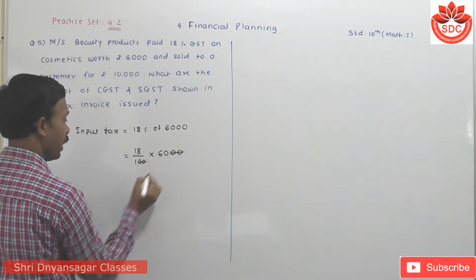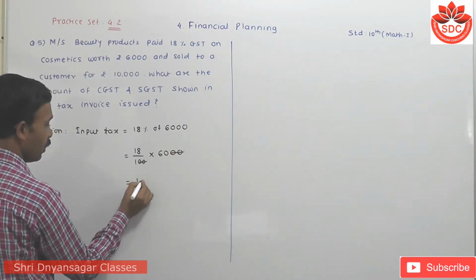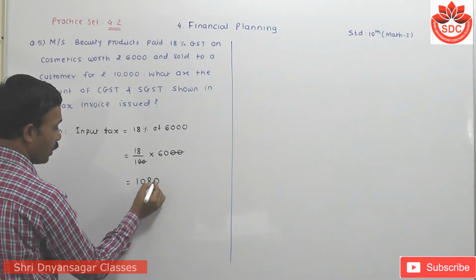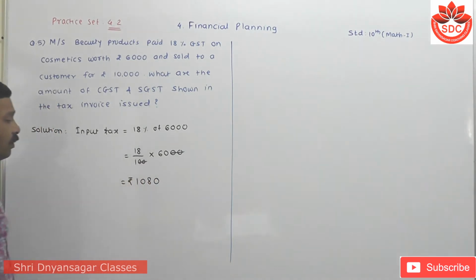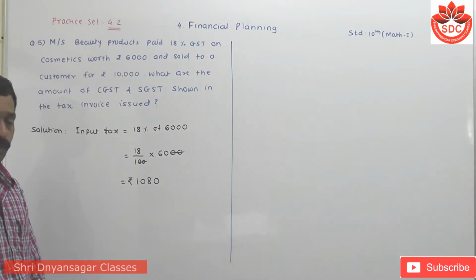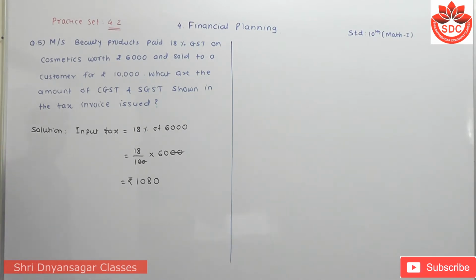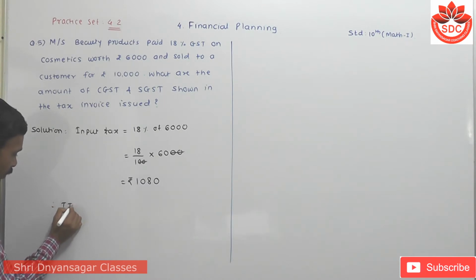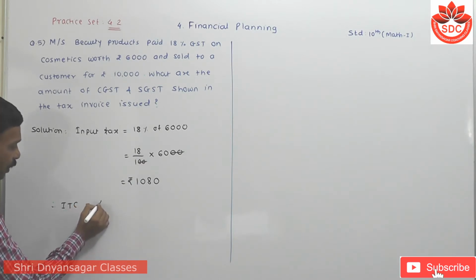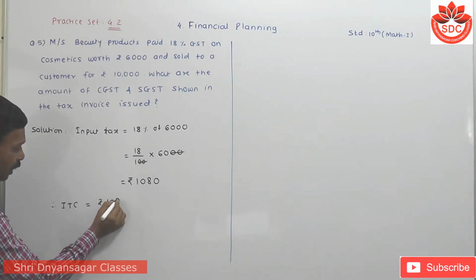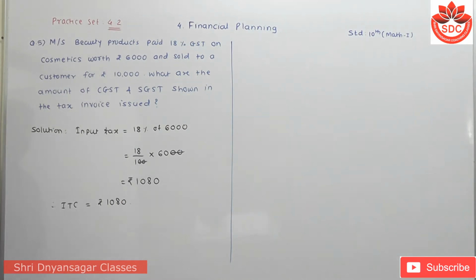These two zeros get cancelled. 18 6s are 108 and the zero as it is. So this is 1,080 rupees. This is the input tax, therefore the ITC for this beauty product is rupees 1,080.